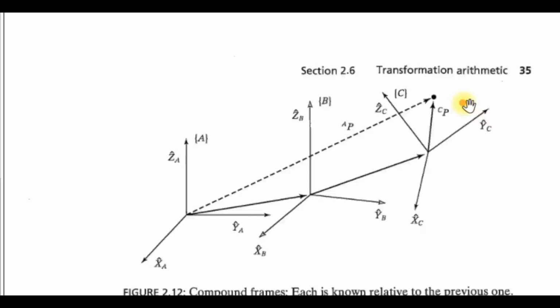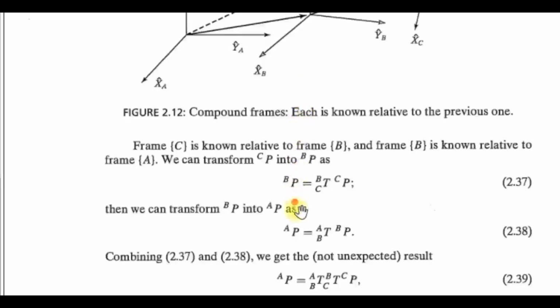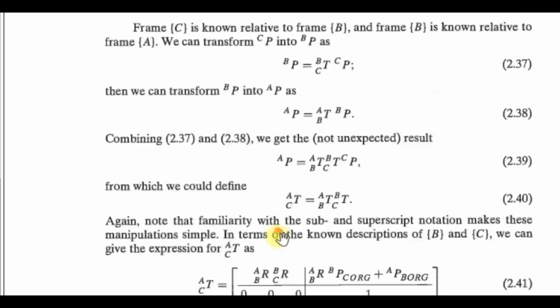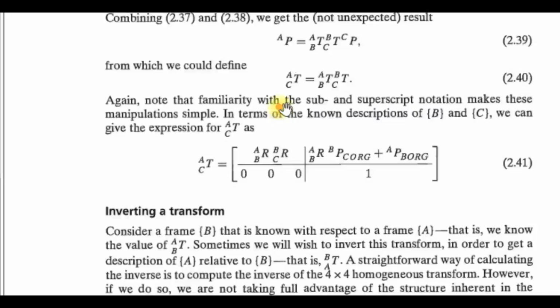This is called forward kinematics. Inversely means you know the position, you have to reach there. So that is inverse kinematics. So there are two types of problem: one is the forward kinematics problem and the other is the inverse kinematics problem. In the next sessions we will discuss forward kinematics and inverse kinematics.